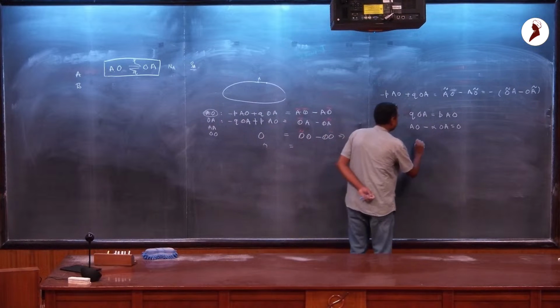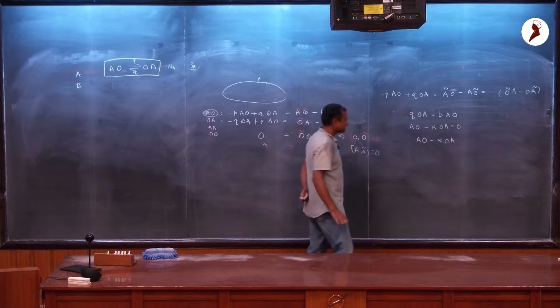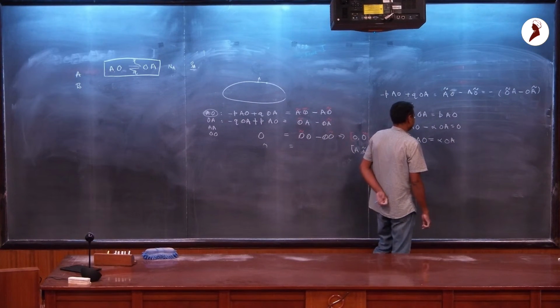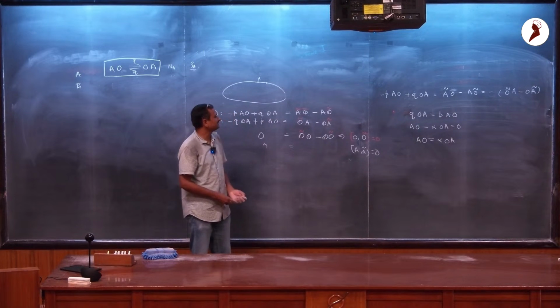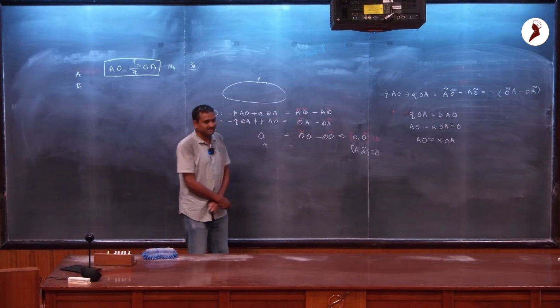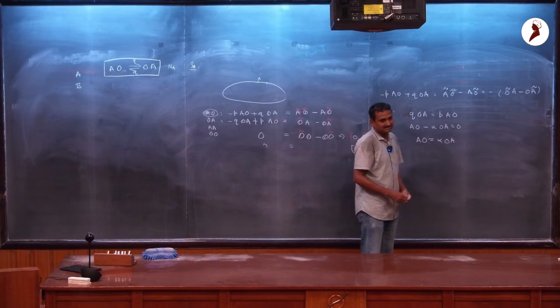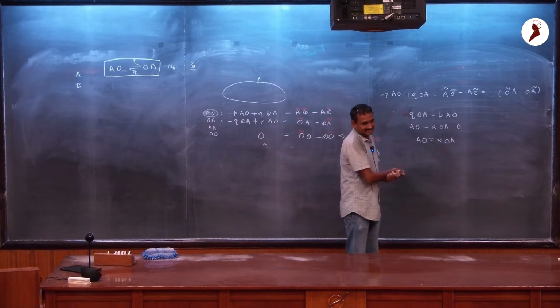So AO equal to alpha OA. So it is not that there is no solution. There is a scalar solution when alpha equal to 1. So if you have alpha equal to 1, then A and O can be scalars, right?